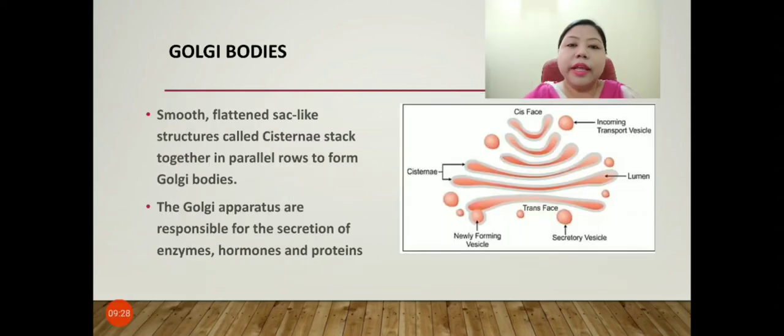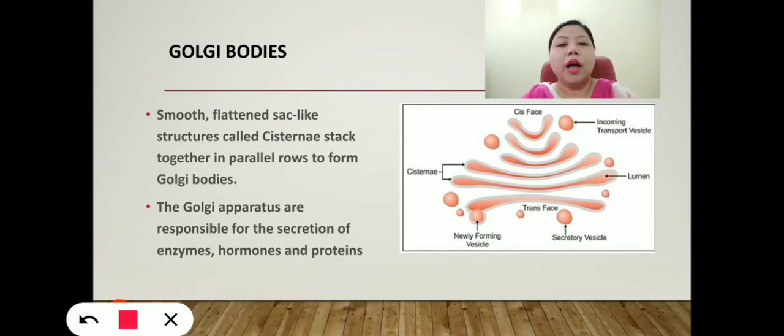The next cell organelle which we'll be discussing is Golgi bodies or Golgi apparatus. We can pronounce it as Golgi body also. Golgi bodies are made up of structures called cisternae.